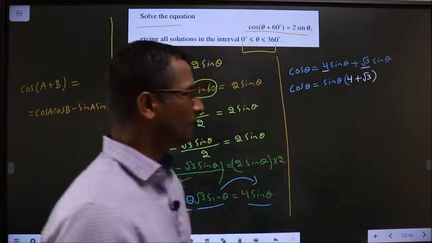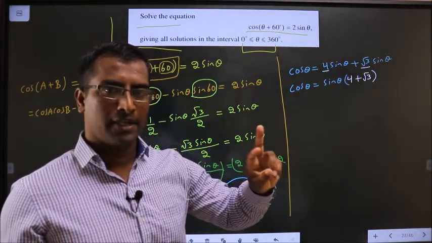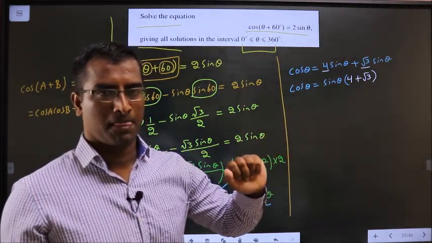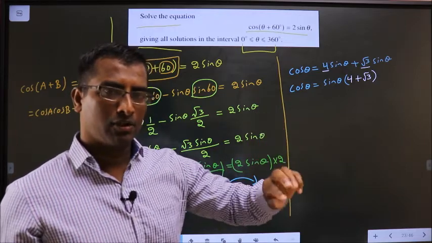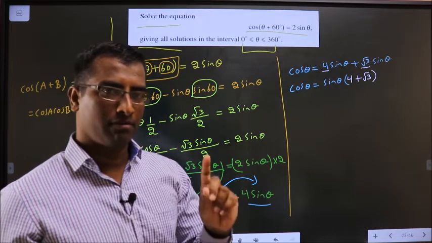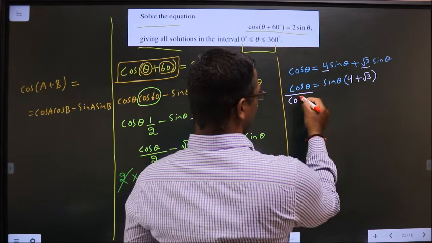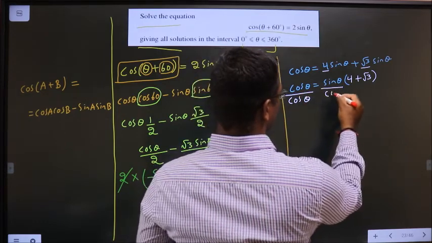Clear? Now, to find the value of theta from this, there are two trigonometric ratios, sine and cos. So I should make them into one, only then I can find the value of theta. And how do I make them one? See here. Divide both sides by cos theta. Why are we dividing?